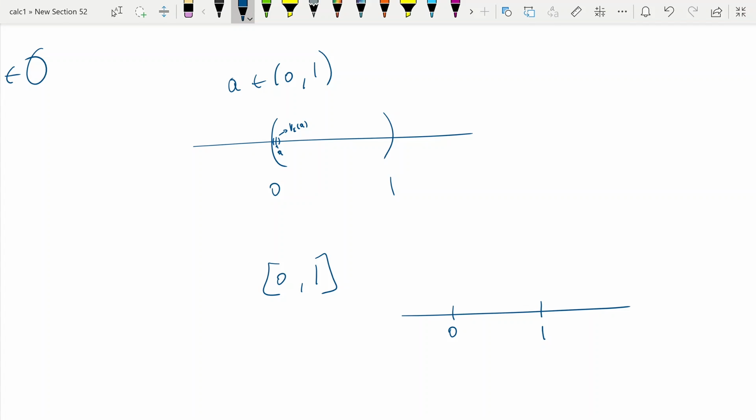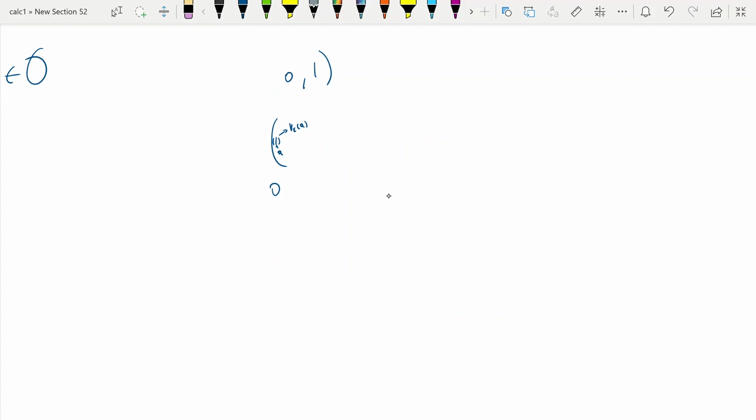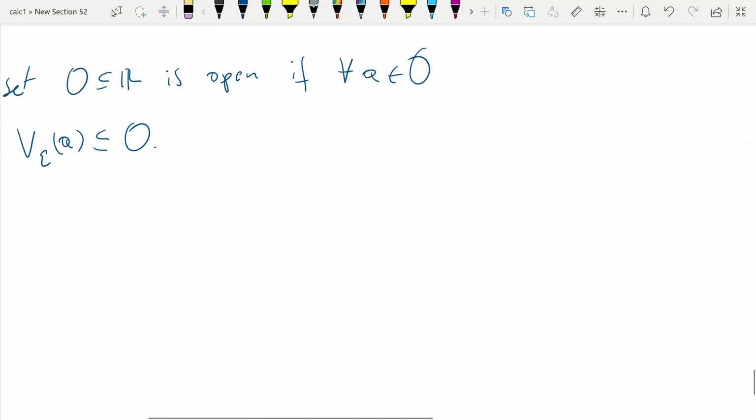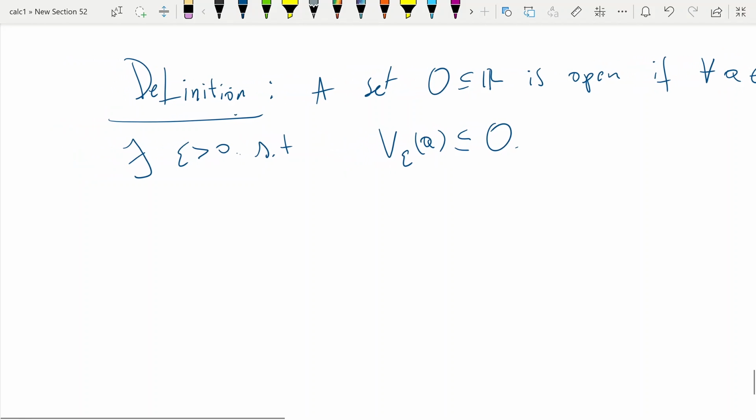So if you include the endpoints of an interval, then your set is not going to be an open set, because you're not going to be able to fit a full epsilon neighborhood inside the interval if you pick up an endpoint.